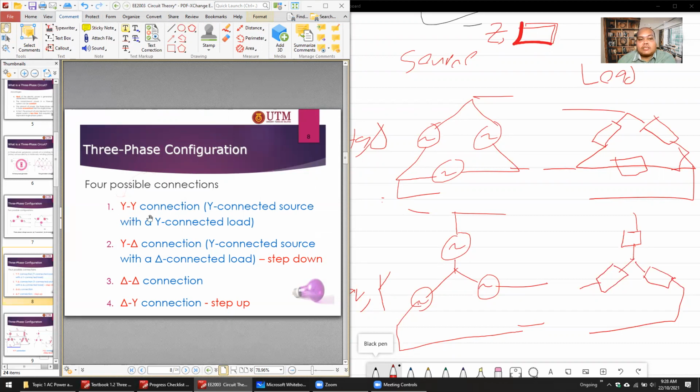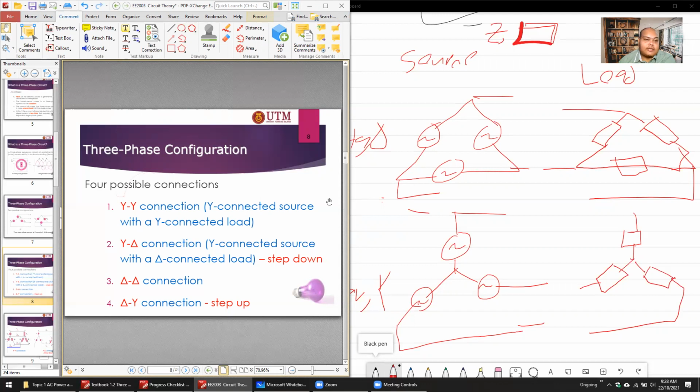So YY means a star source and a star load. Y-delta, star-delta, means that you have a source connected in star connection, and the load connected in delta connection.